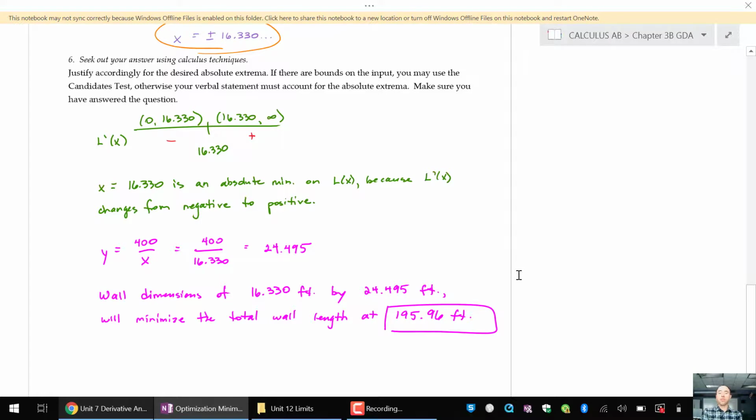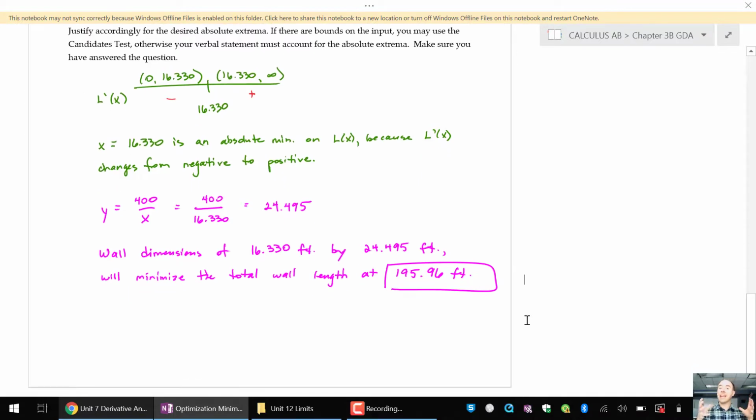If y equals 400 over x, I can plug in 16.330, my critical point, to find the other dimension to be 24.495. And there it is, the wall dimensions of 16.330 by 24.495 feet will minimize my total wall length structure. There's the minimum total, and that will also maintain that restriction of having each room be 400 square feet.